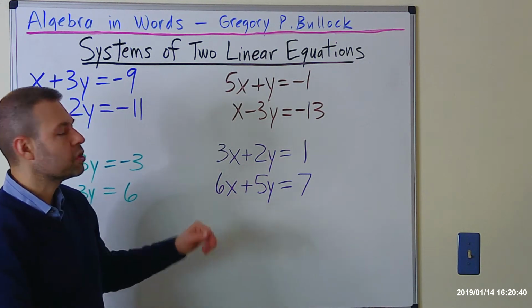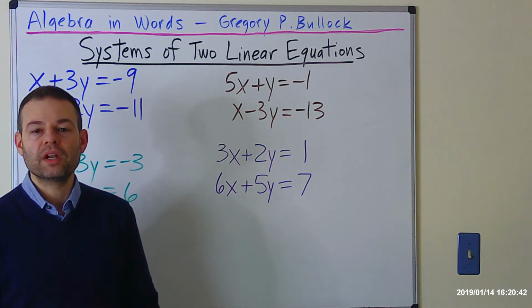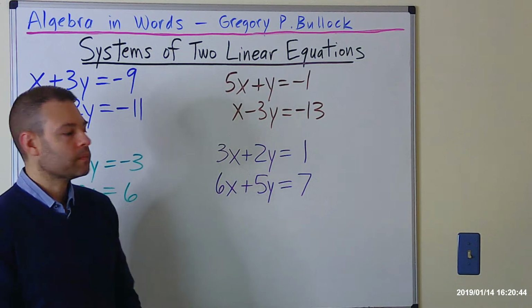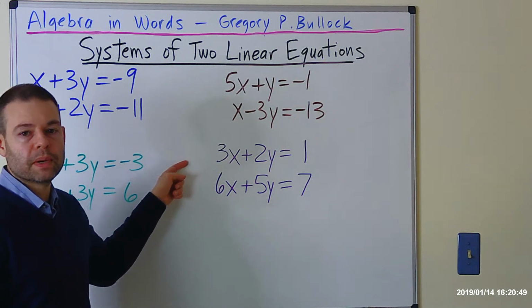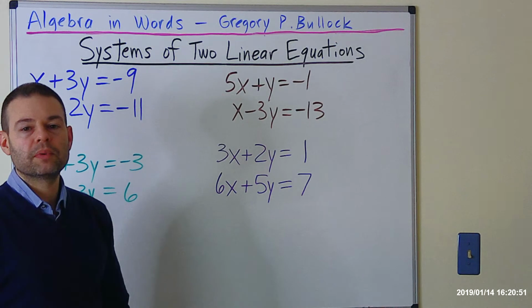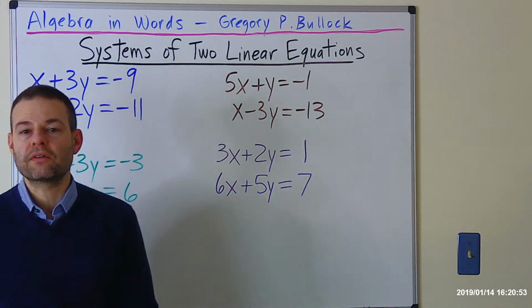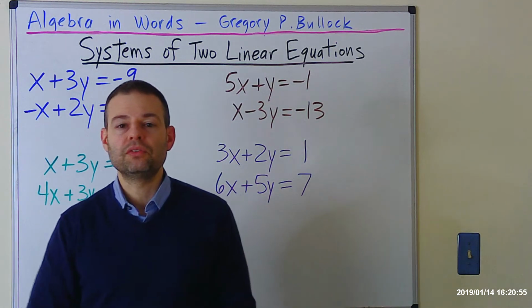But I think it's easier if you only have to multiply one of the equations through by a factor, and in that case that would be probably multiplying the top equation through by -2. So I'm going to erase these problems except for this one, and then we're going to do each one.